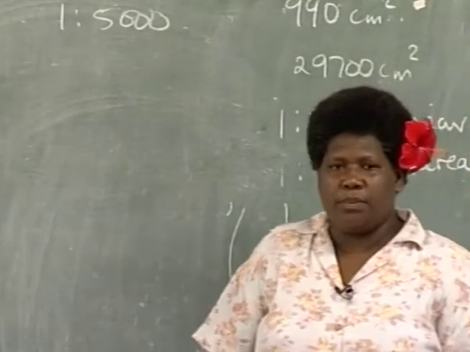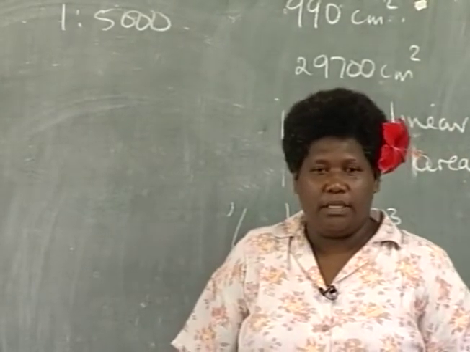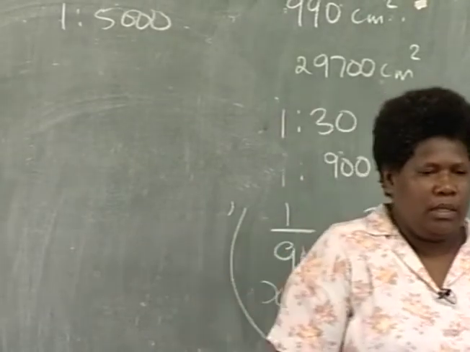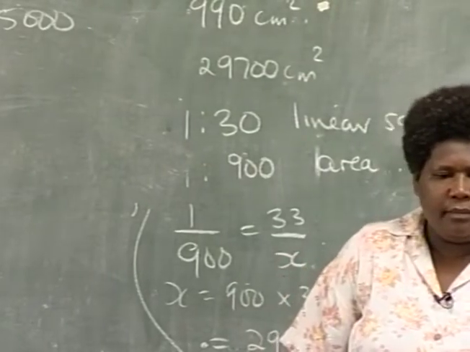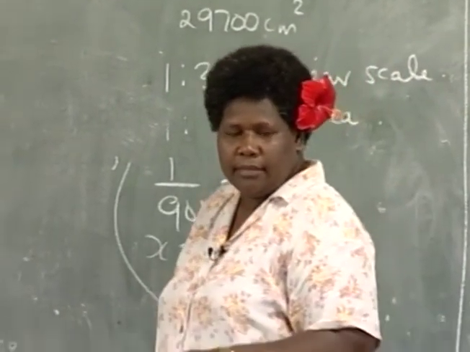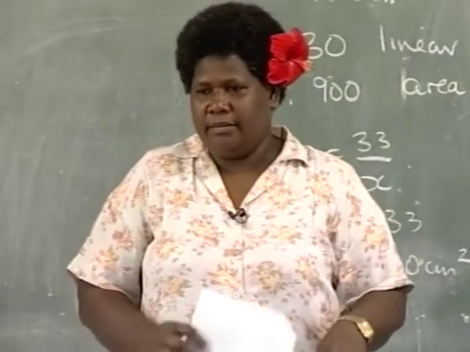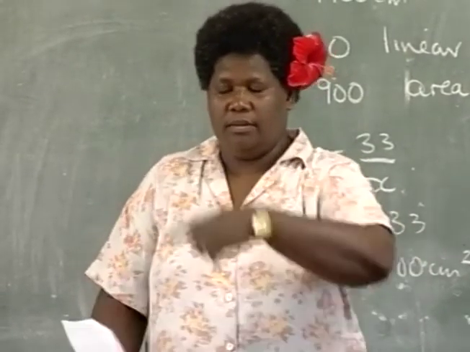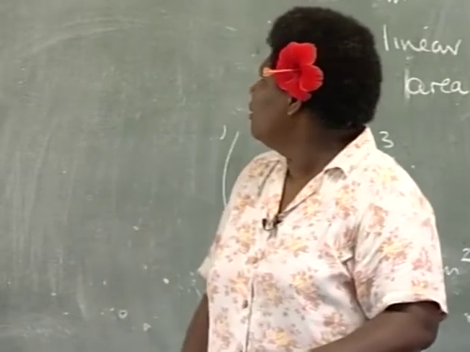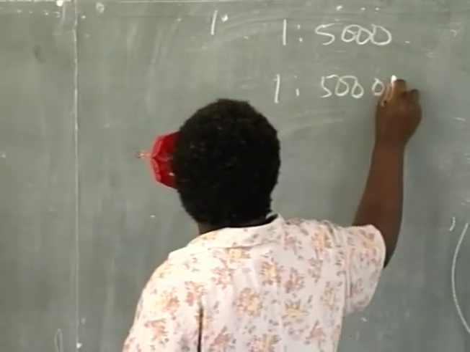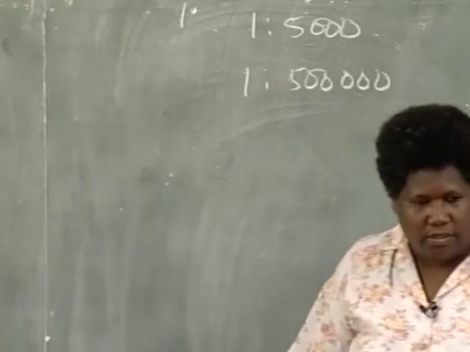The units must be the same for you to be able to express it as a ratio. Is 1 is to 5,000 correct then? No. All right, so what do you think the answer is? 1 is to 500,000. Okay, 1 is to 500,000 is correct.